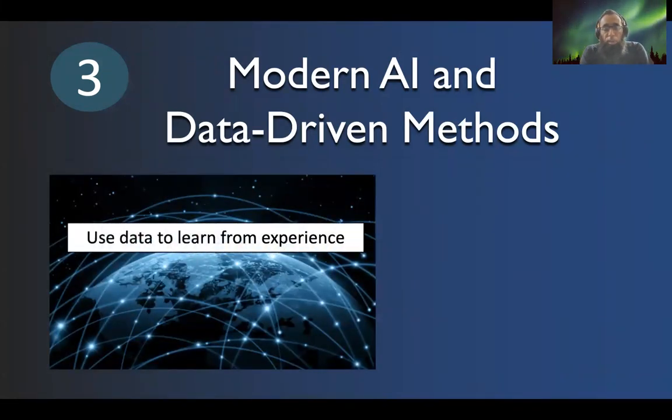And in this, we could use data, and in the modern era, because of the internet, because of the digital devices, because of the sensors, we have lots of data. We have data generated just as a byproduct of people going around their life in the digital world. So we can make use of this data to learn from experience and to construct models automatically from these data.